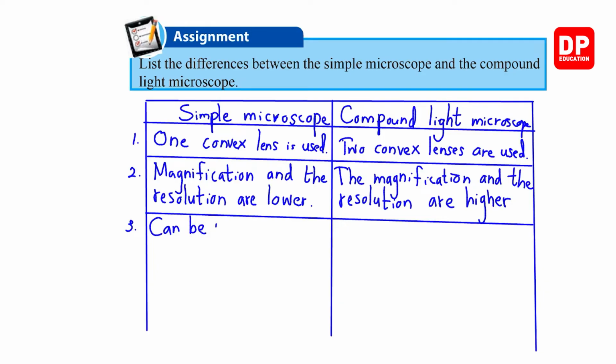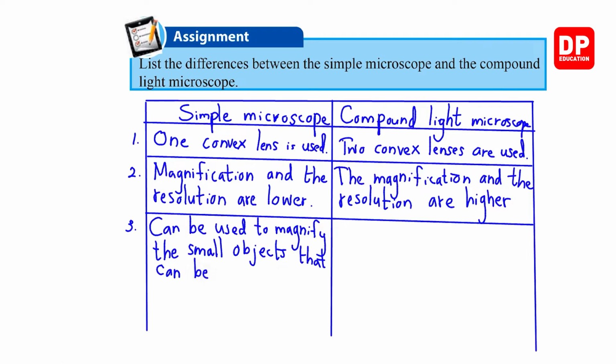Simple microscope: can be used to magnify the small objects that can be seen with the naked eye.